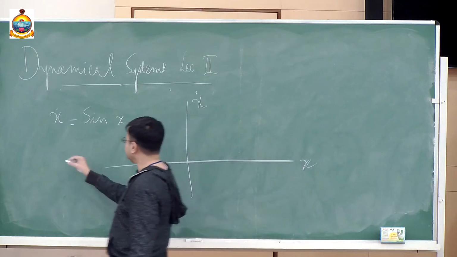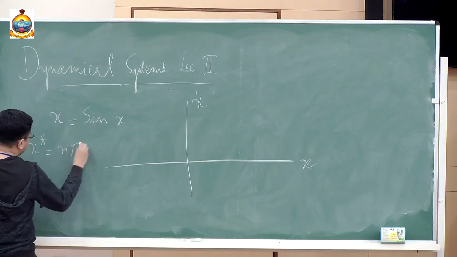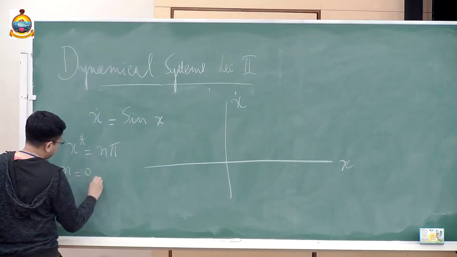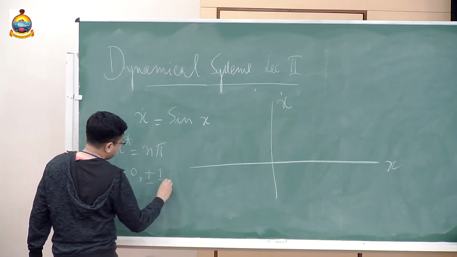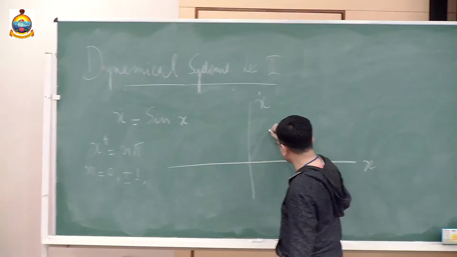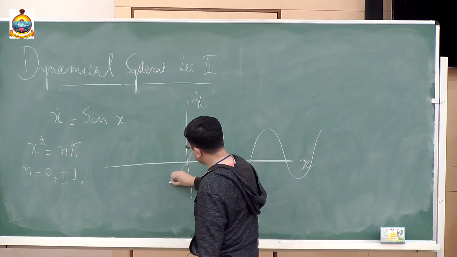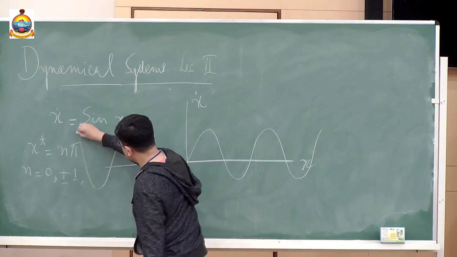N pi, right? So x star is equal to n pi, where n can be 0, plus minus 1, and so on. And we know, hopefully, how to plot this function. It's this way, and it's that, right?